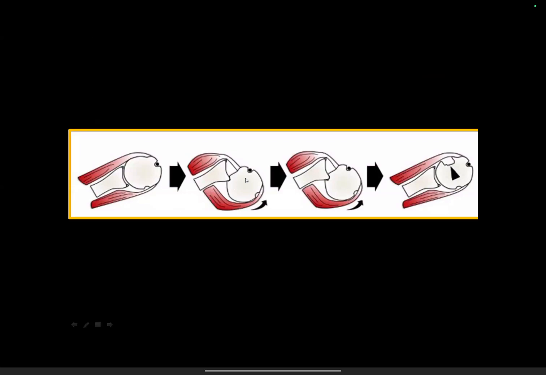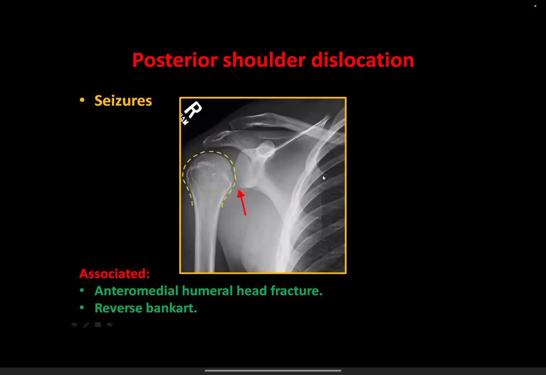So again, the humeral head will dislocate posteriorly. The posterior aspect of the glenoid is involved, that's the reverse Bankart, and the anteromedial aspect of the humeral head is involved, and that's the reverse Hill-Sachs.